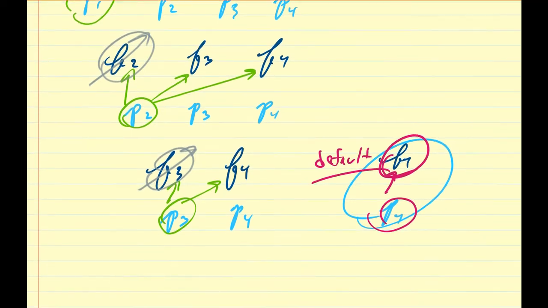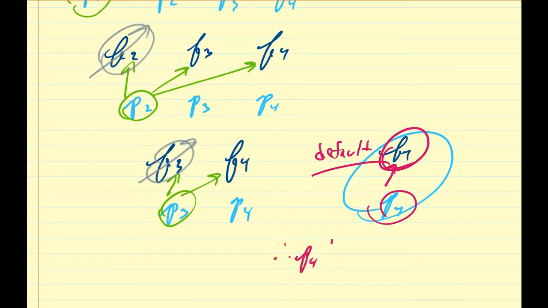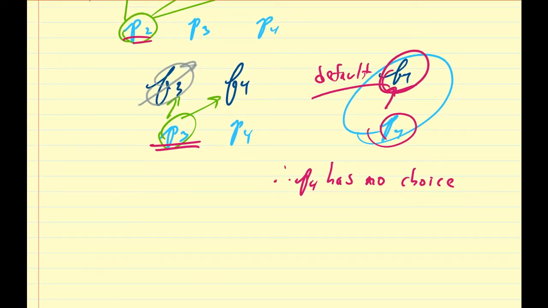So person 4 has no choice. Only 3 people, namely person 3, person 2, and person 1, had a freedom to choose, whereas person 4 did not. So only 3 of the 4 had a freedom of choice.